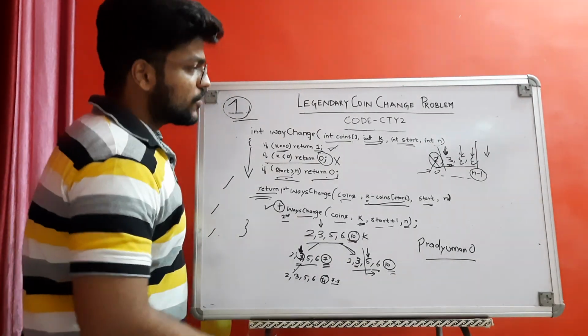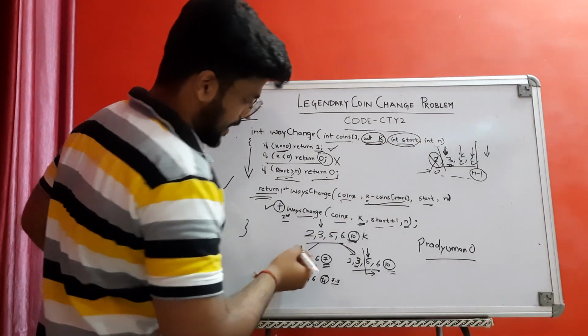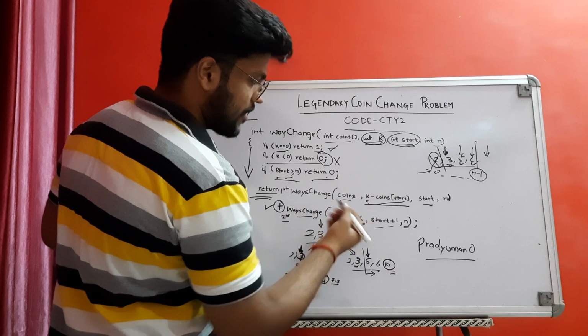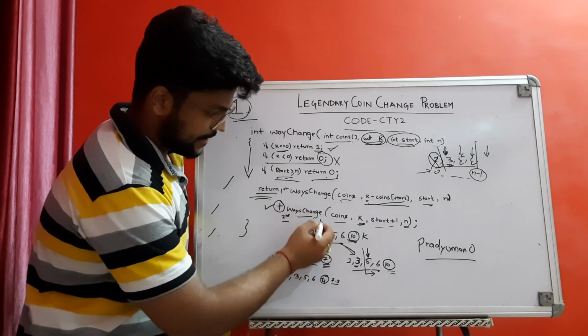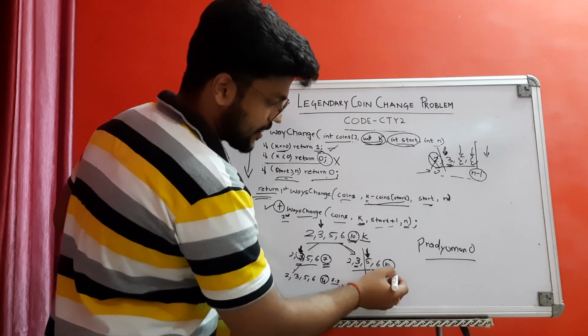So this is the code for the recursive approach. Now, if you can see this, for a start you have a k.